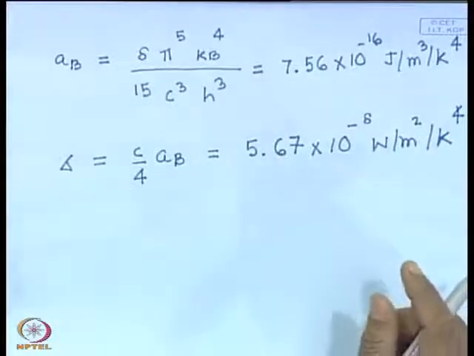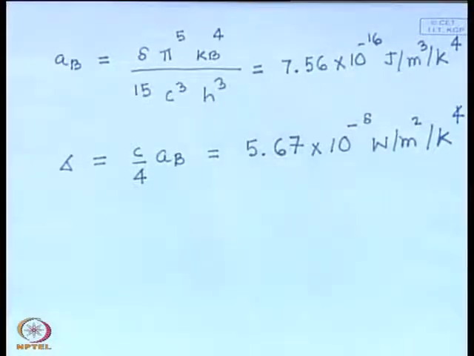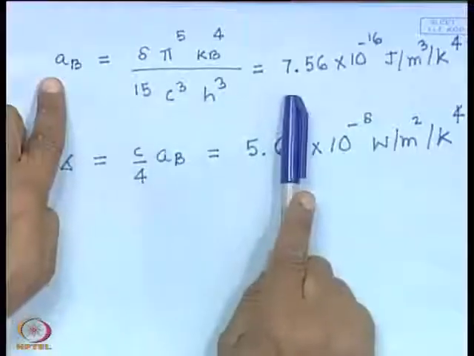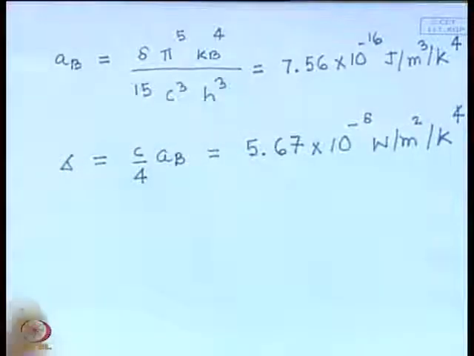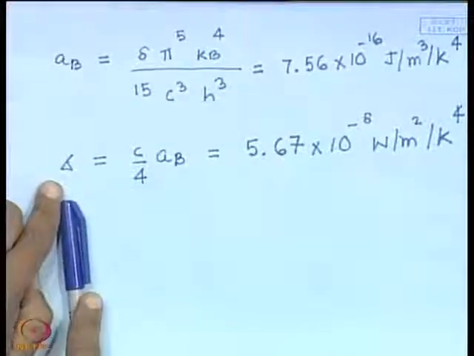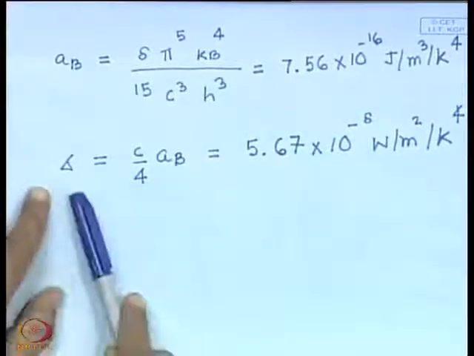Okay. So we have calculated the two constants that we had arrived at just from purely thermodynamic and macroscopic considerations. So this tells us the total energy density in black body radiation. This tells us the flux that is emitted from the surface of a black body.